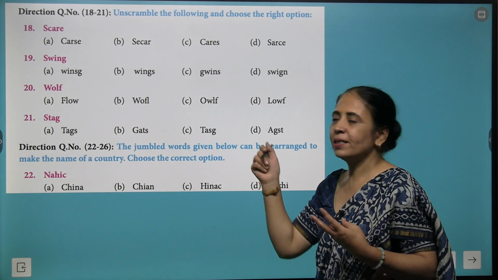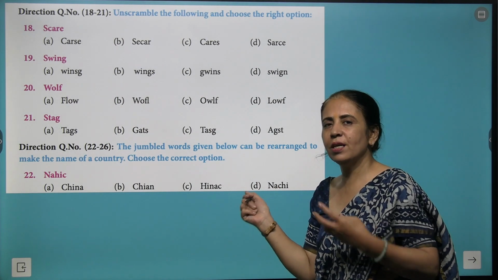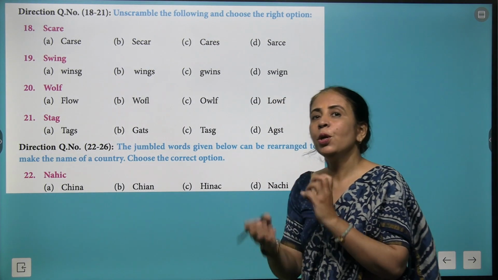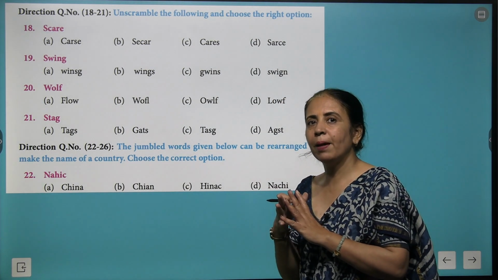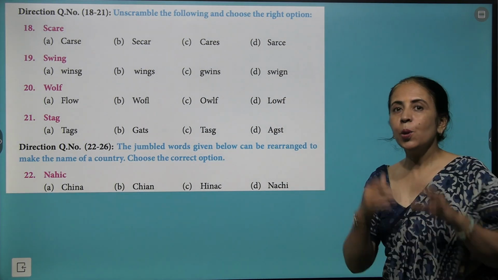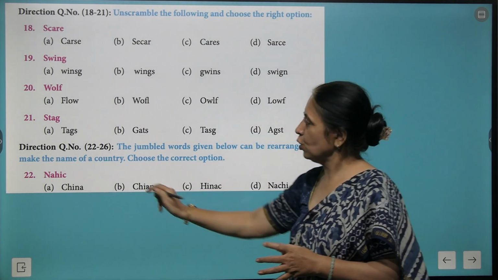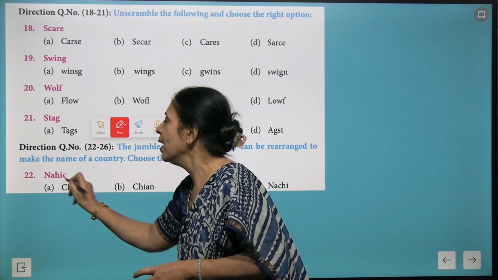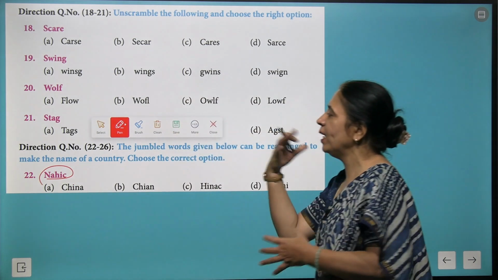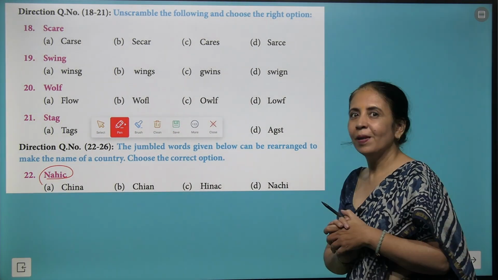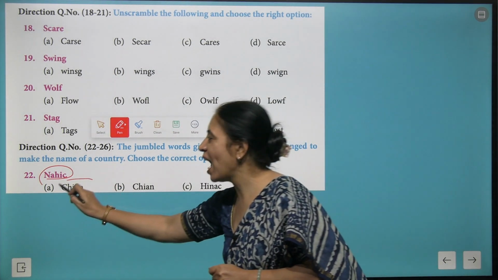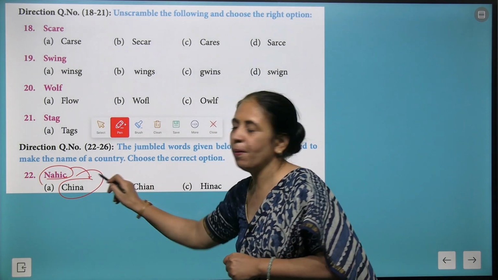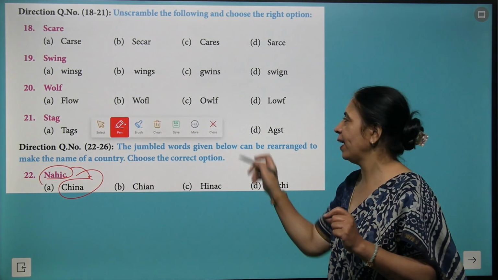questions. And next category of question is where you have different alphabets given, you have to unscramble them and form a word. So here we have the combination of NAHIC, right? And when you rearrange these alphabets, very nice. So China is formed here. We say that these jumbled words give you China.